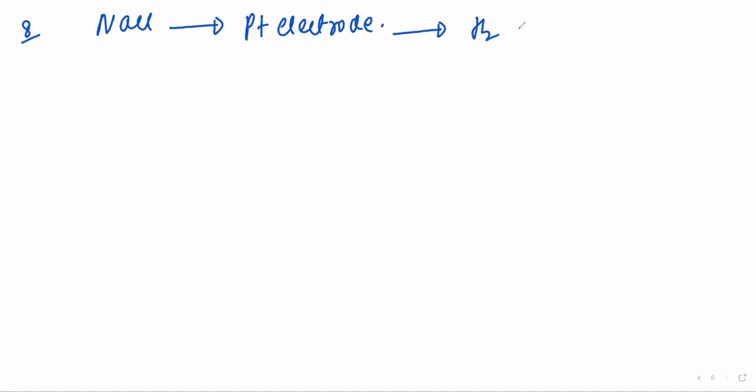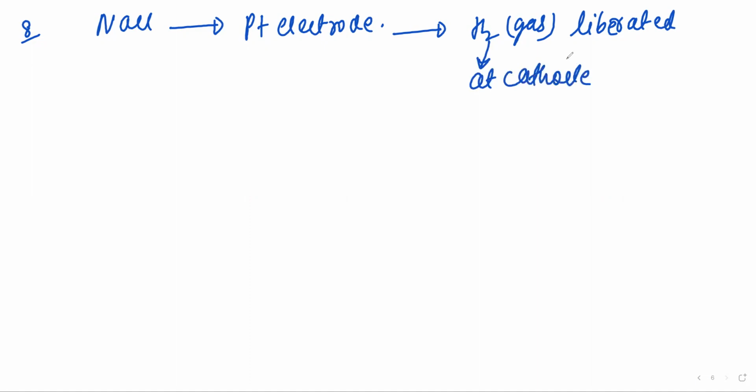Now look at the eighth one. In electrolysis of NaCl, when a platinum electrode is taken, hydrogen gas is liberated at cathode.